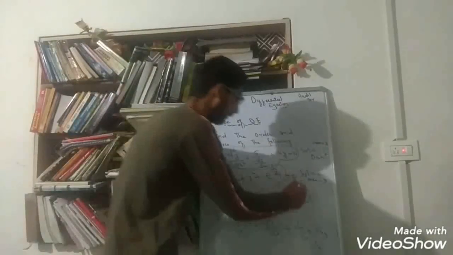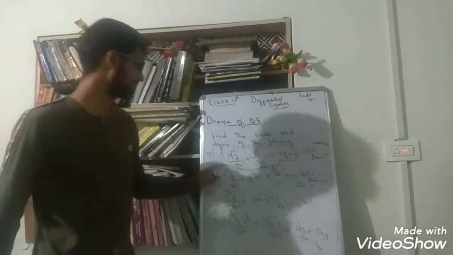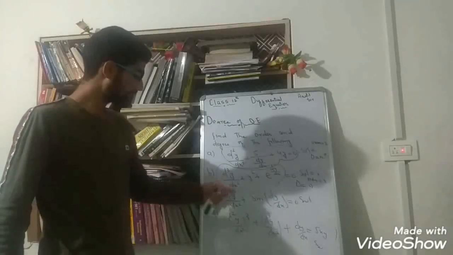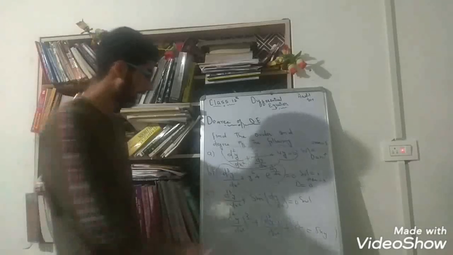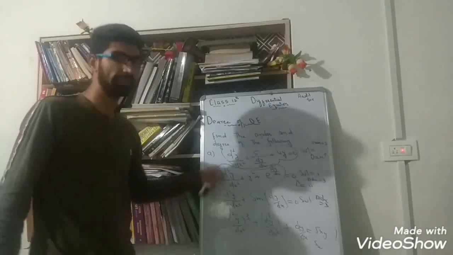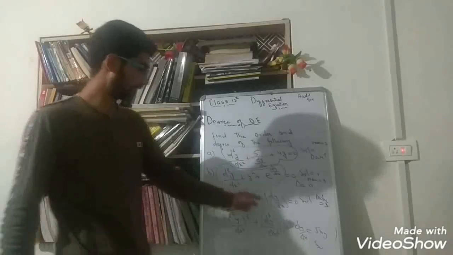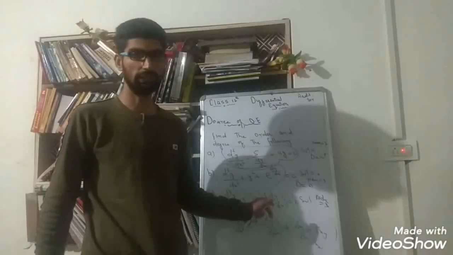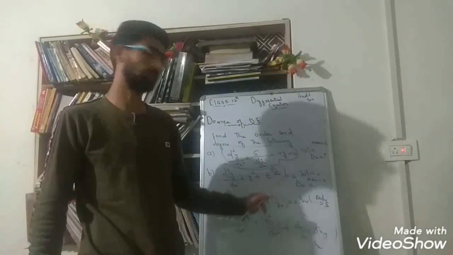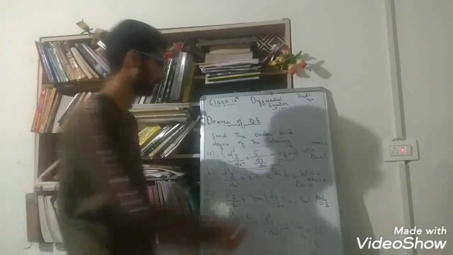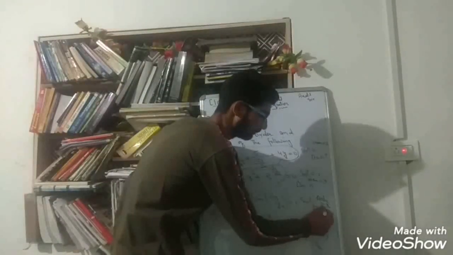Similarly for the next one, order is 3, but the derivative comes in as the angle of sine here, so it is not polynomial in terms of dy by dx. Again degree is not defined.